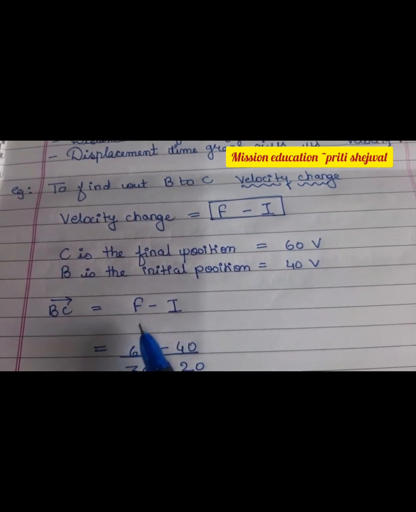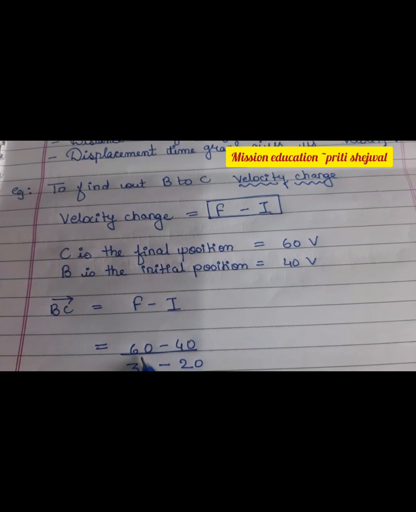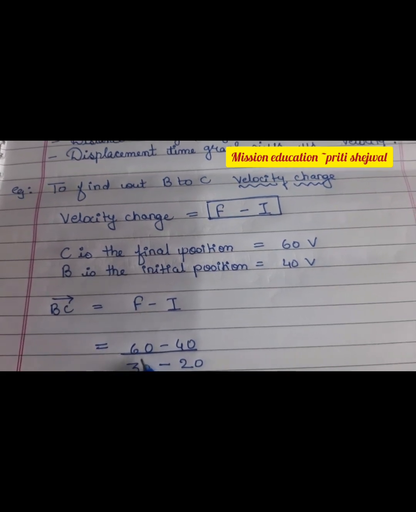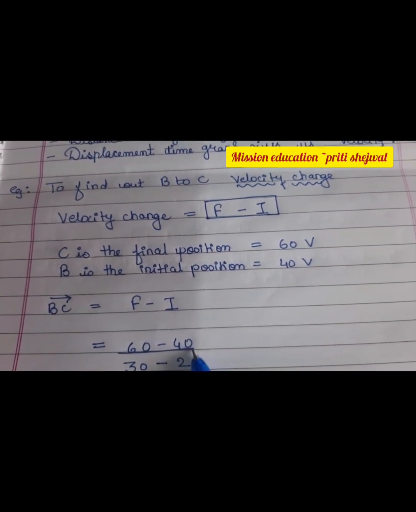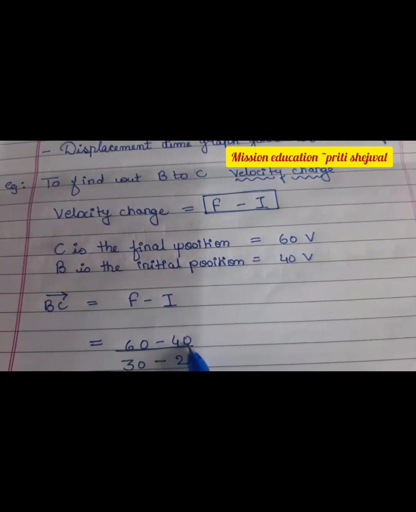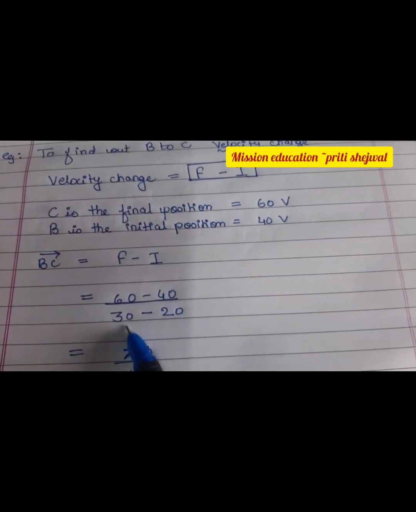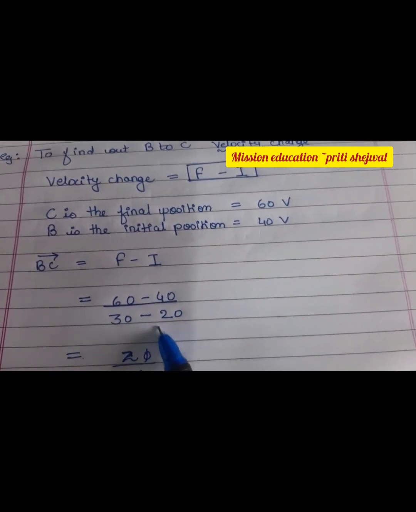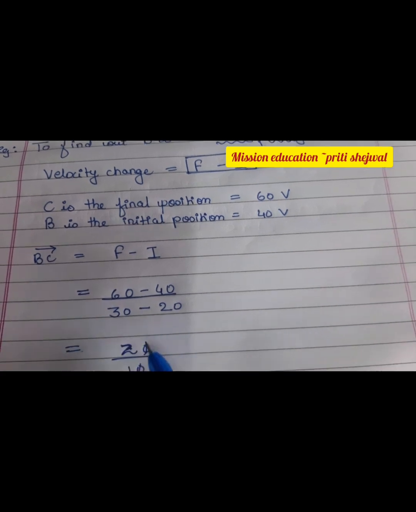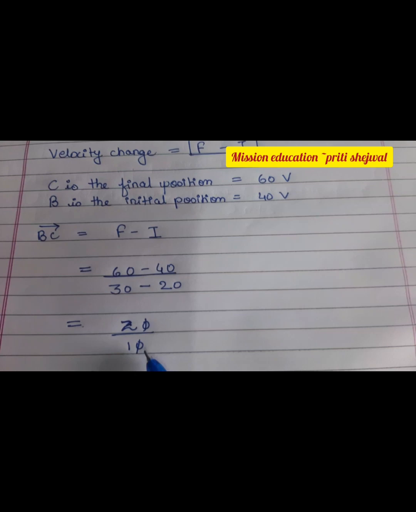So velocity change formula is final position minus initial position. C is the final position, so the velocity of C is 60, and B is the initial position, so the velocity is 40. 60 minus 40 is 20, and in the denominator we have written the time. 30 minus 20 is 10.